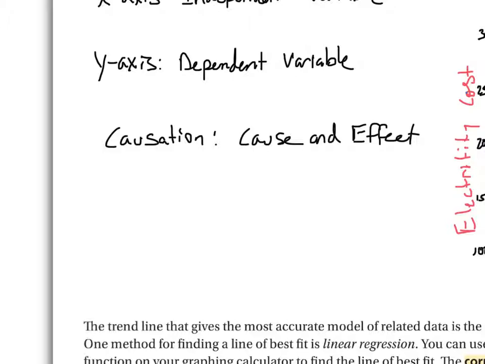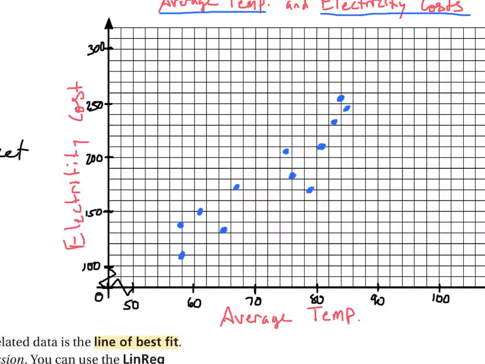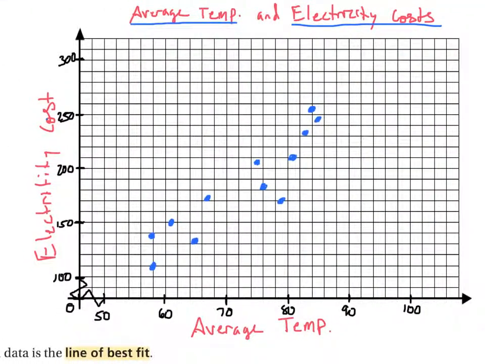So correlation and causation, if we look at our graph, we know that there's a positive correlation, but do you think that there might be a causation here? Well, if you're talking about average temperature outside and electricity costs, there is probably a causation as well. Again, think about your air conditioner. As temperature outside goes up, we tend to turn up our air conditioner, and it runs more, therefore costs us more money on our electricity bill.